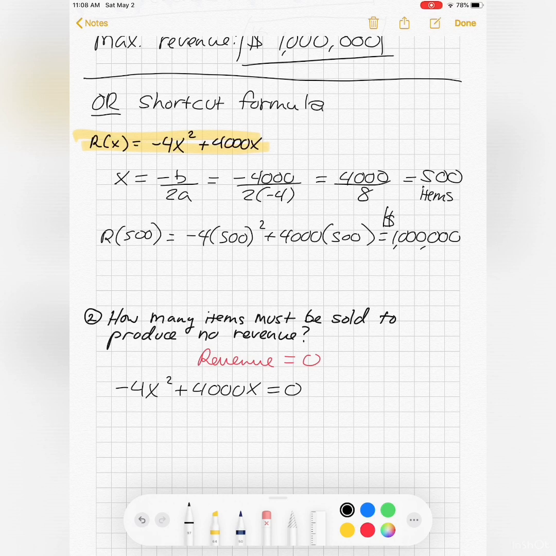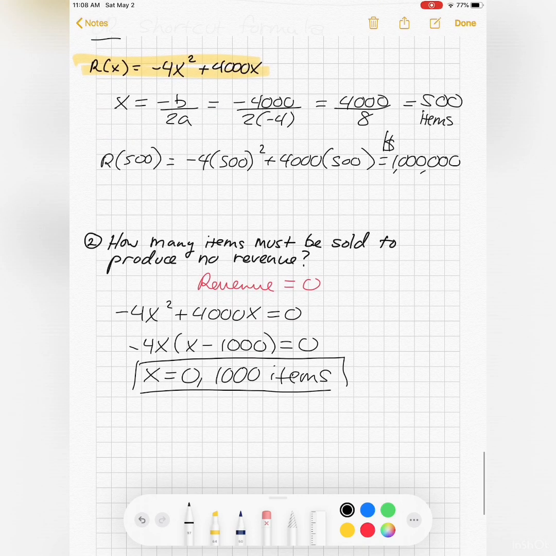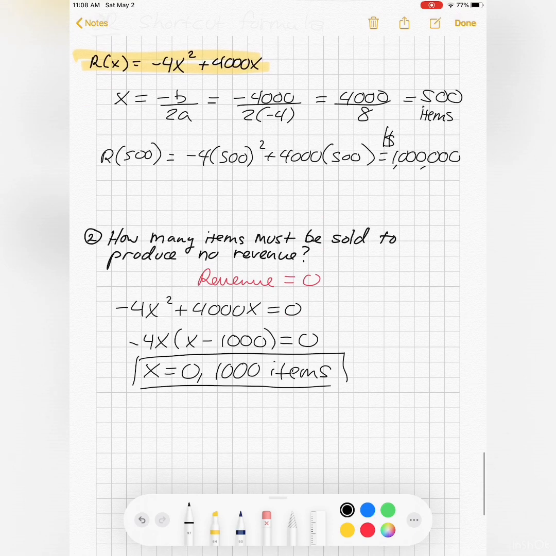That's actually really easy to solve. Can't you factor out a negative 4x? So the values look like 0 and 1,000 items.